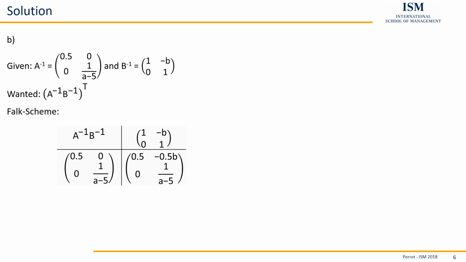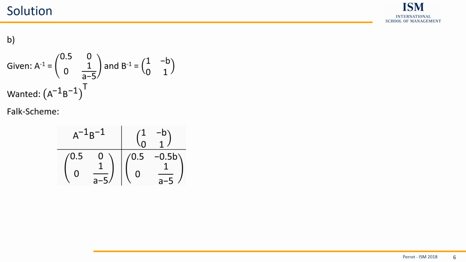So for the first entry, we have 0.5 times 1 plus 0 times 0, having 0.5. Then for the next element, we have 0.5 times minus b plus 0 times 1, giving us here minus 0.5b. In the lower left, we have 0 times 1 plus 1 divided by a minus 5 times 0.